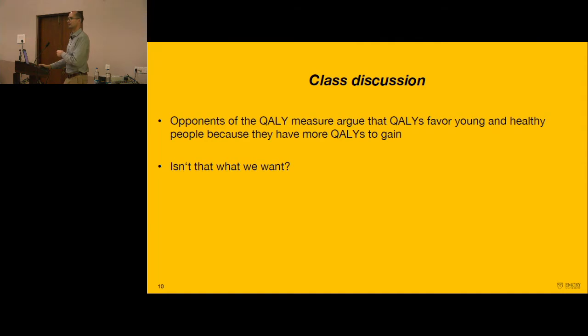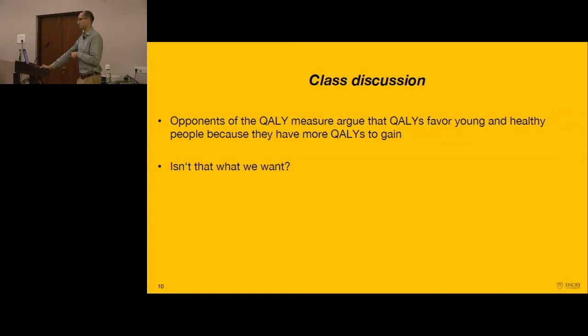So now I would like to hear your opinions. Opponents of the QALY measure usually argue that QALYs favor young and healthy people because they have more QALYs to gain. If a young person is at risk of dying, saving that person has a huge potential of gaining a lot of quality-adjusted life years in the future. While saving a person who's already 70, maybe 80 years old, they probably won't gain that many QALYs in the future if we save that person.